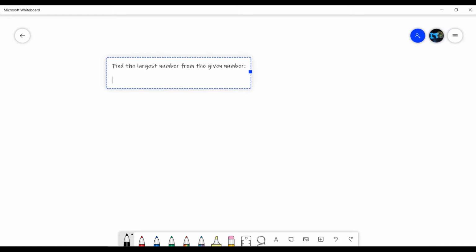How to use that? For that, my values are something like double x equals 23, and then double y equals, let it be 25. So we have to find the largest number.